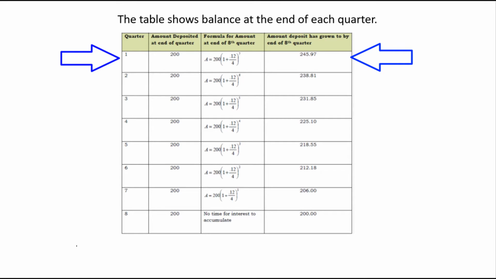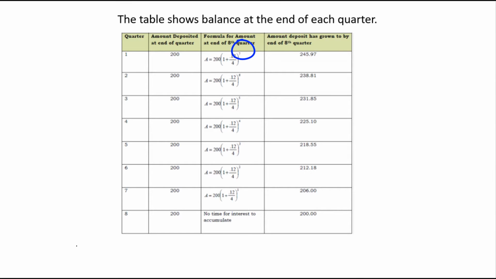In an ordinary annuity, the $200 is deposited at the end of the first quarter, and so if we look at the formula, we have A equals 200 times the quantity, 1 plus 0.12 for the APR, divided by 4 for the number of compoundings, but in the exponent you see 7.